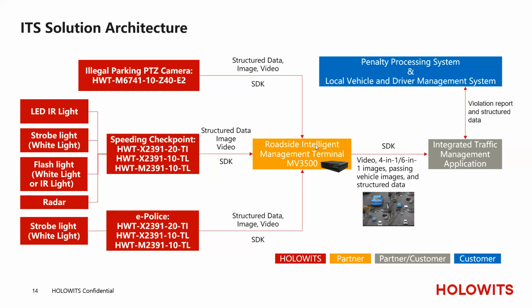It's a terminal. You can collect the cameras' data and use this terminal to transfer the data to the local management application. This can connect to the multi-processing system, like other systems, which is usually provided by the customers. So we provide the red one and the orange one.